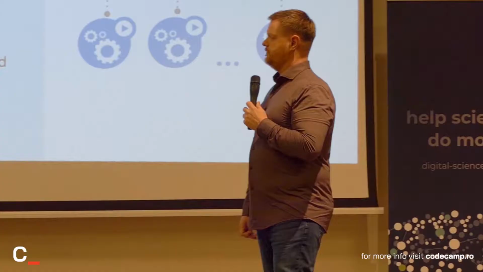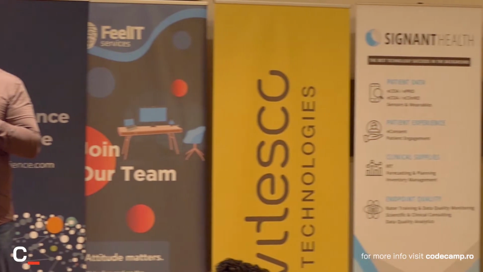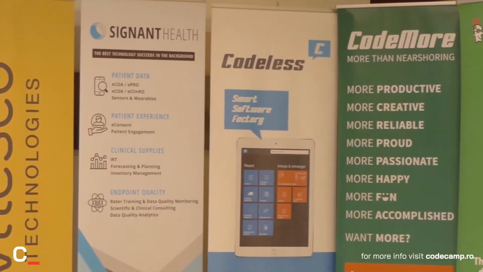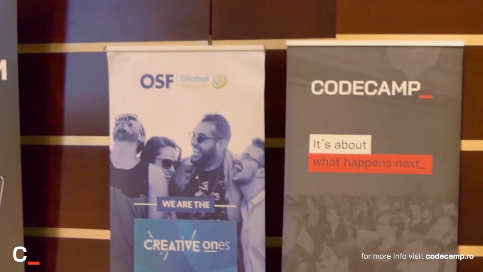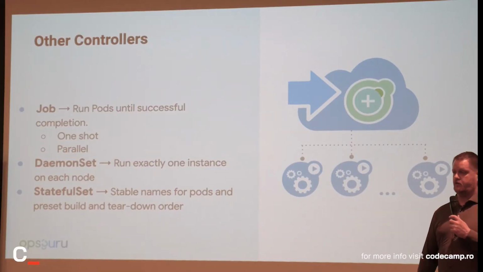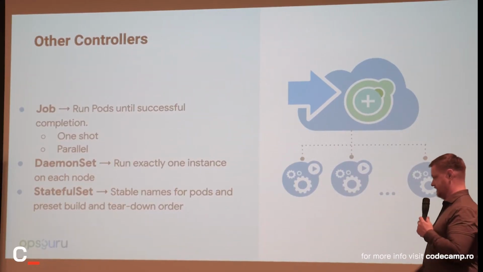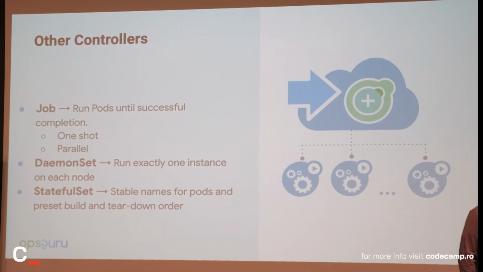UDP works better with ELBs or elastic load balancers and regular load balancer services. TCP works better with load balancers. HTTP and HTTPS work better with ingress controllers.